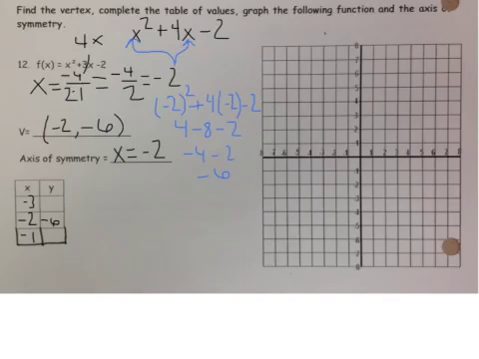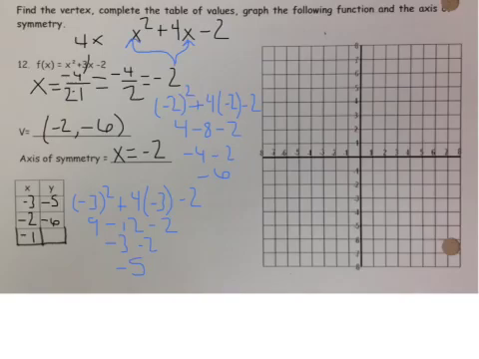I have negative 3 squared plus 4 times negative 3 minus 2. So I get 9 minus 12 minus 2, and negative 3 minus 2 gives me negative 5. So my y value, when I plug in negative 3, is negative 5.